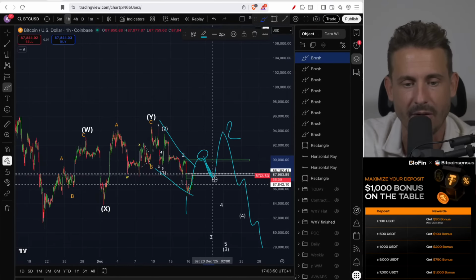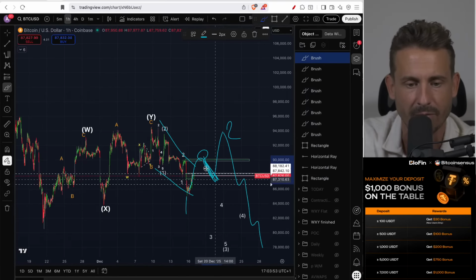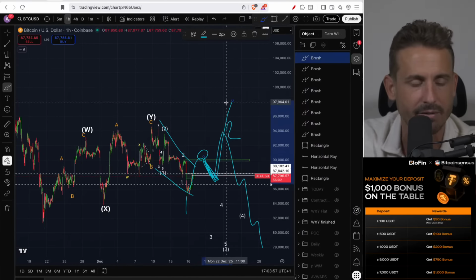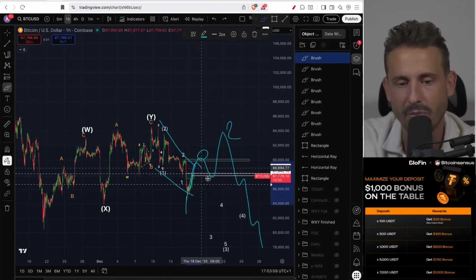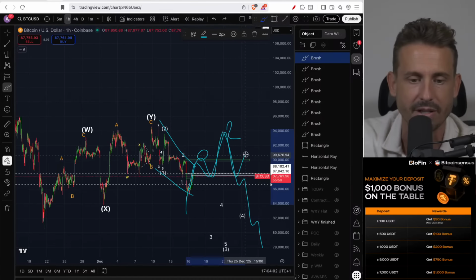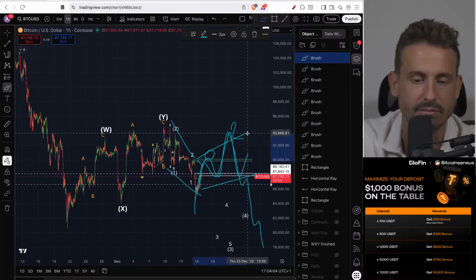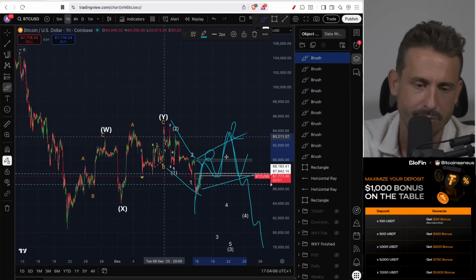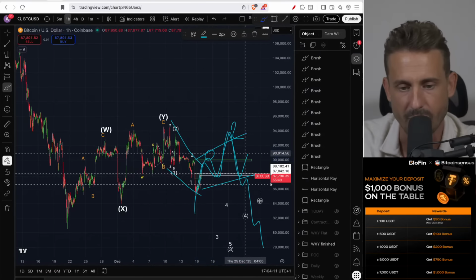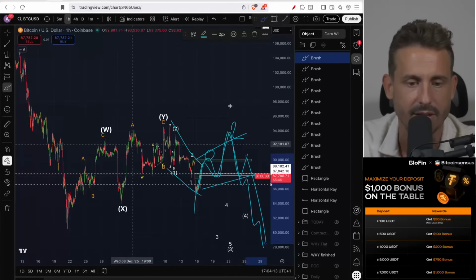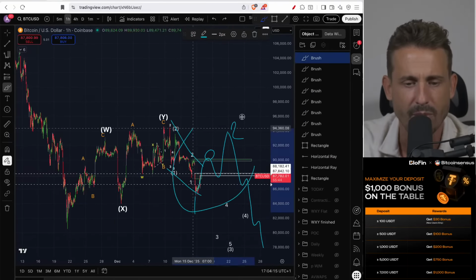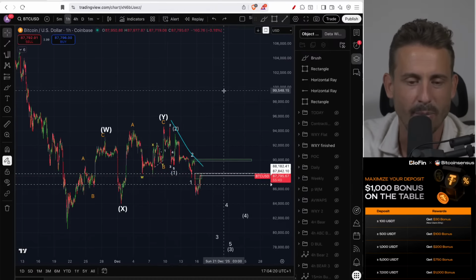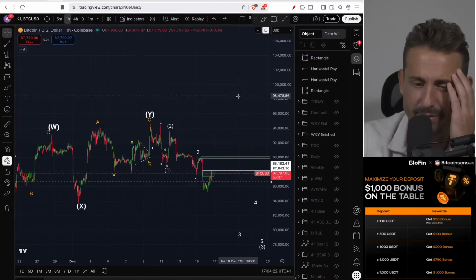This is the correction that we want, because this could either break out above 95k, or it could be a 3-wave corrective structure, which we will eventually look at in the coming days if this does develop. And obviously, guys, there's high probability that we're going to roll down from here. But we'll figure this out in the next coming days on a higher time frame.